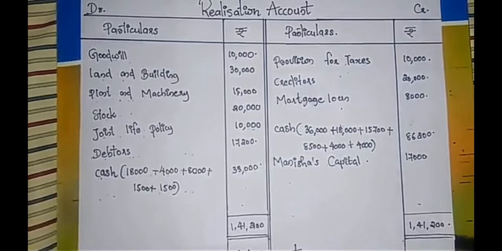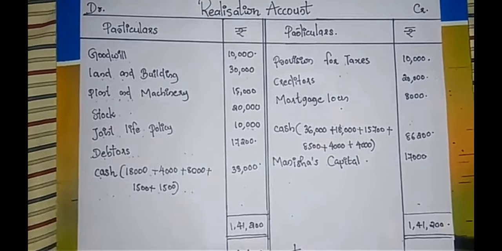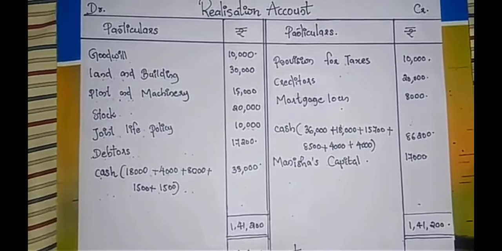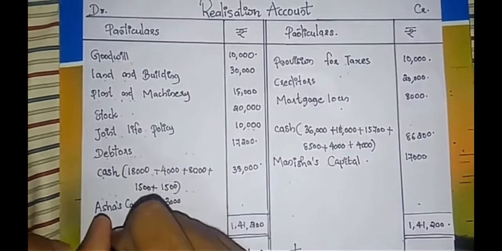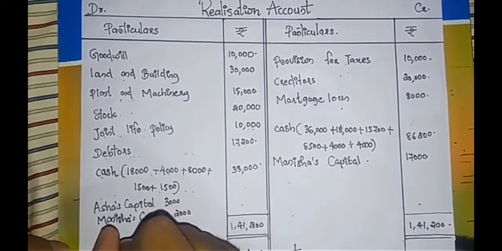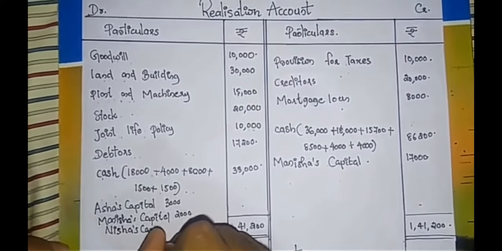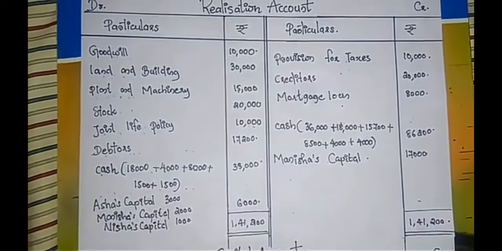We need to share realization profits to the partners in their profit sharing ratio 1/2, 1/3 and 1/6. So I am going to share the realization profit. So realization account is over.